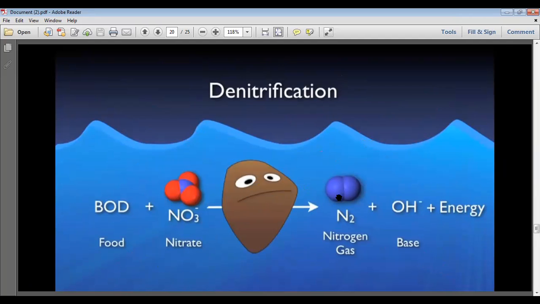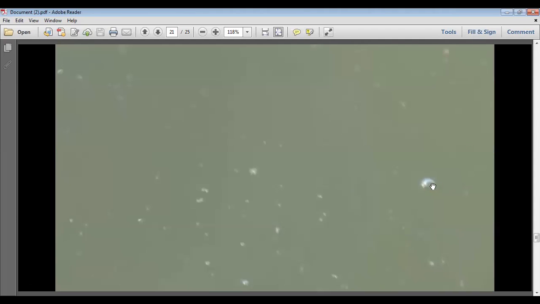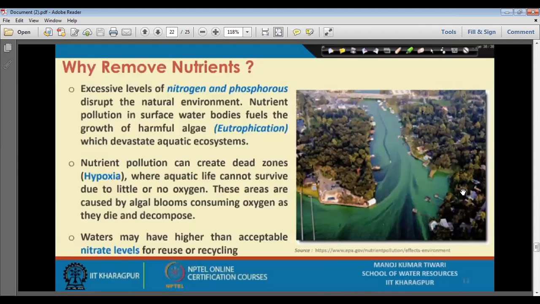This gas will be released into the atmosphere like a bubble, but it is nitrogen gas. They consume this nitrate with food and available oxygen and convert it into nitrogen gas, and energy is also released. So you will see bubbles in wastewater. This is the denitrification process.